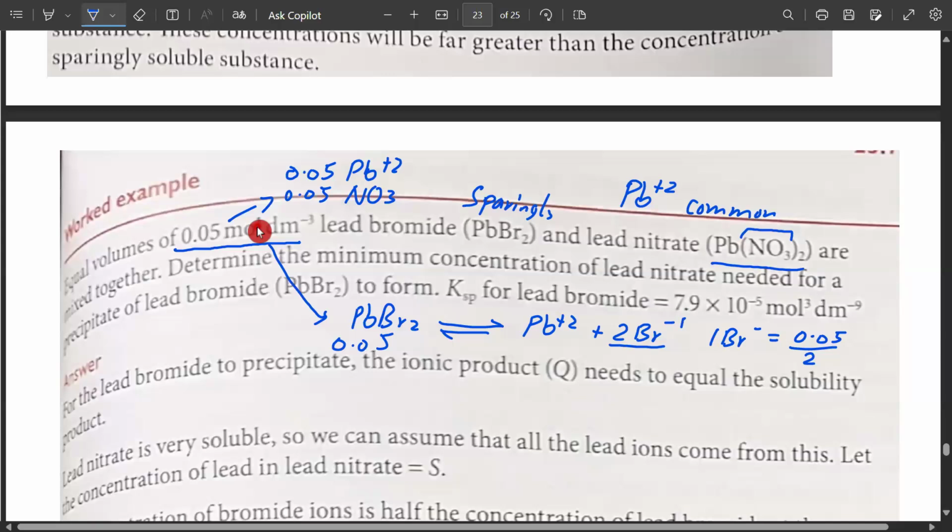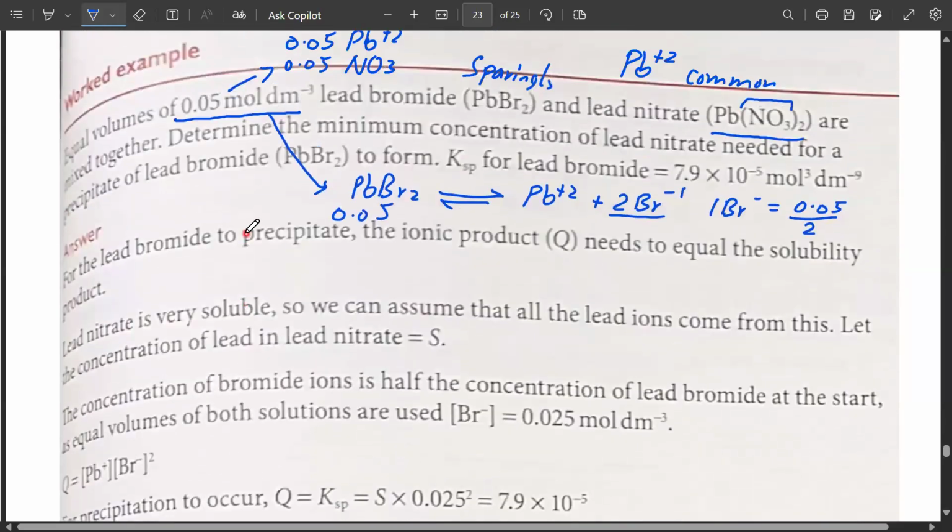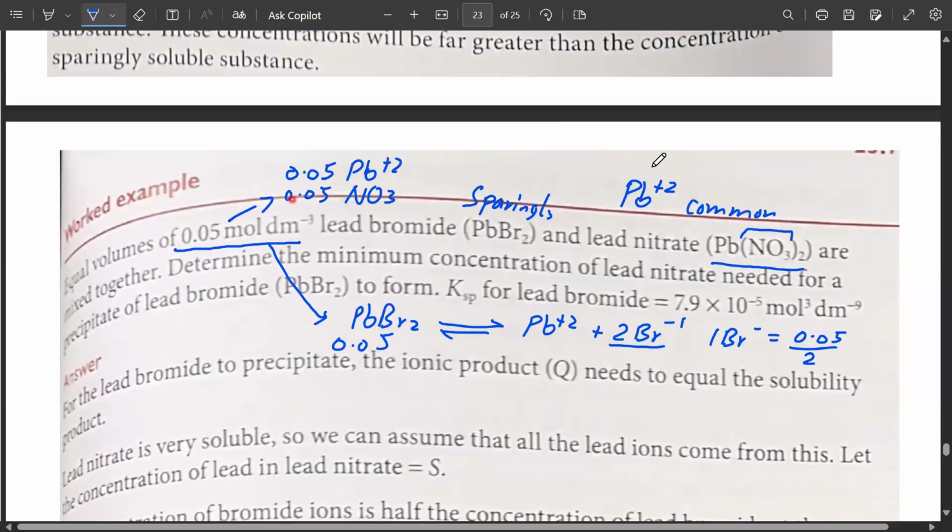And we need this value because in our question we have to find the product. So the lead is taken from the information that it is a very soluble compound. That means lead nitrate will have the same value for lead, but we need the value of only lead from here.